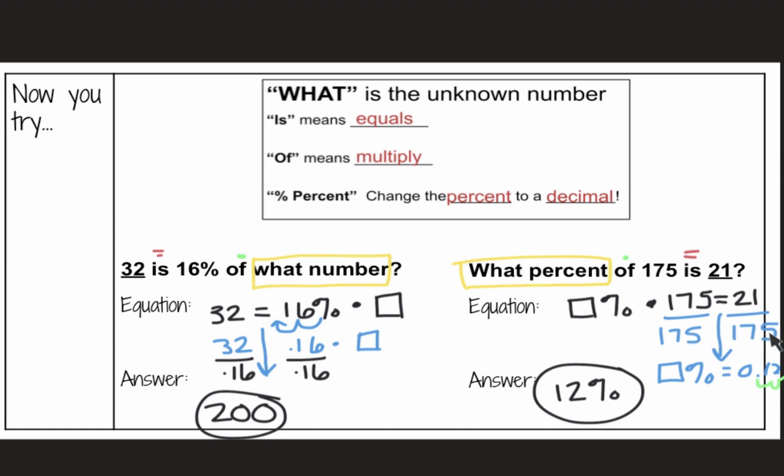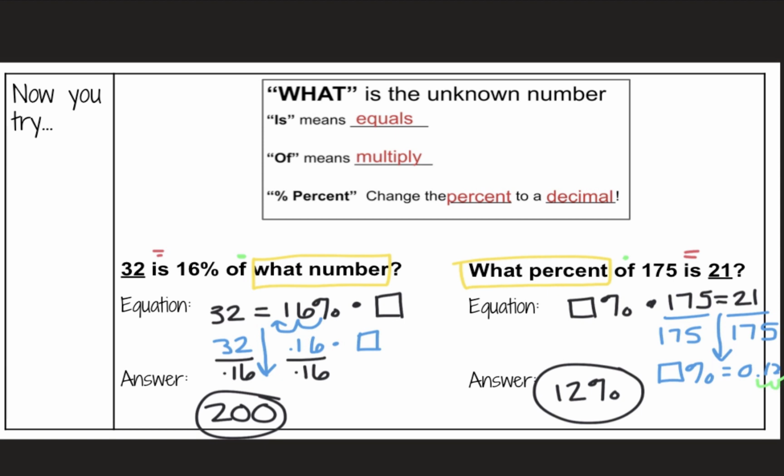I got my unknown is the same as 28 hundredths, but I needed to change this decimal into the equivalent percent form because that's what it wanted. So now if I take and plug 28% in, and I go 28% is a decimal, 0.28 times 75, I get 21. Okay?